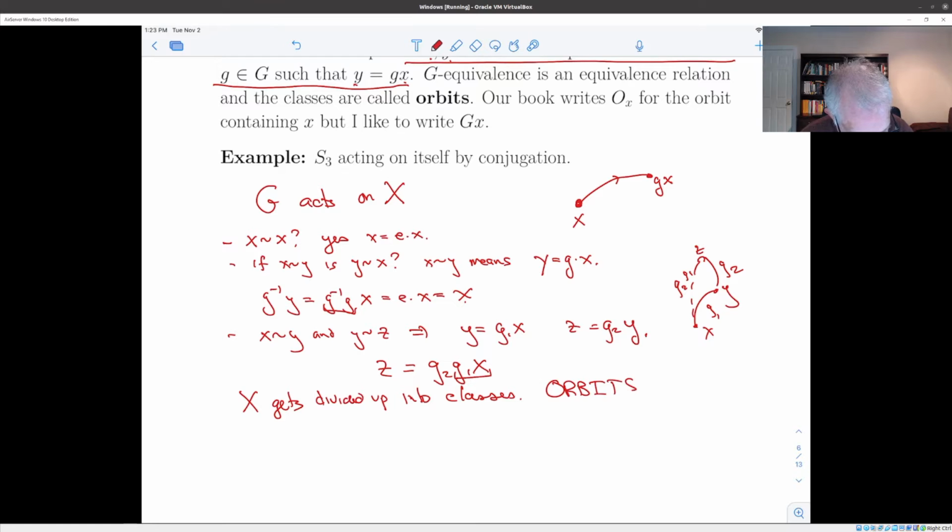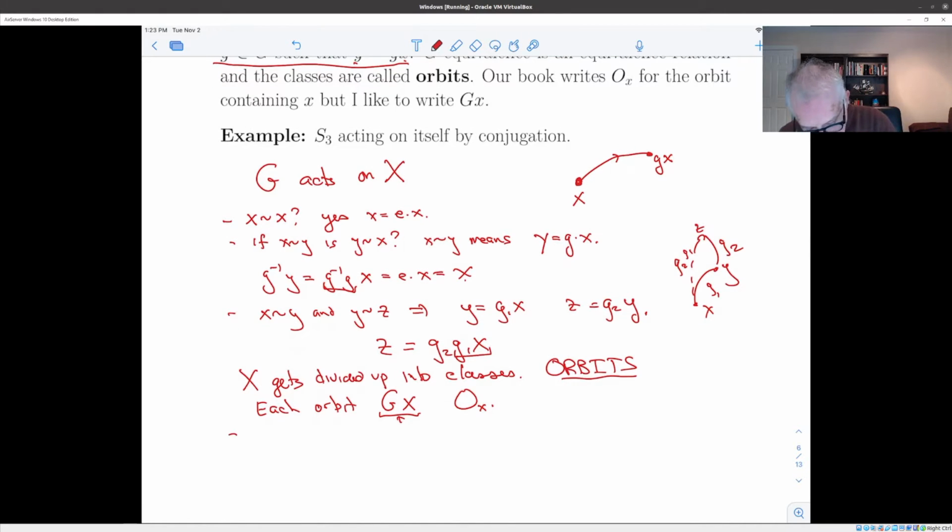The way to think of an orbit is that each orbit is everything you can get to if you pick an X and then apply every possible element of G to it. I like to write orbits as GX like this, but the book tends to write them as O sub X, the orbit of X. But I think this helps drive home the point about what an orbit is. It's what you get by picking an element X and considering all the places that G takes you.